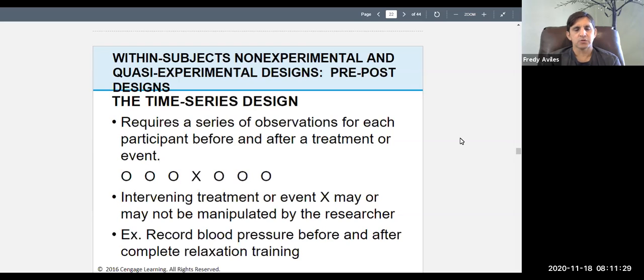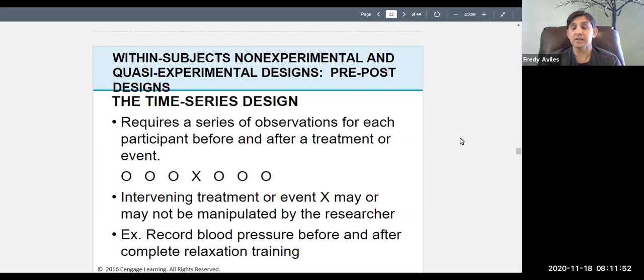So you observe and measure once, twice, 3 times, for example, and then you have some kind of treatment, and then you observe and measure again, and again and again. So what you're doing here is establishing a pattern before treatment, and then seeing the pattern after treatment. That's called a time series design.